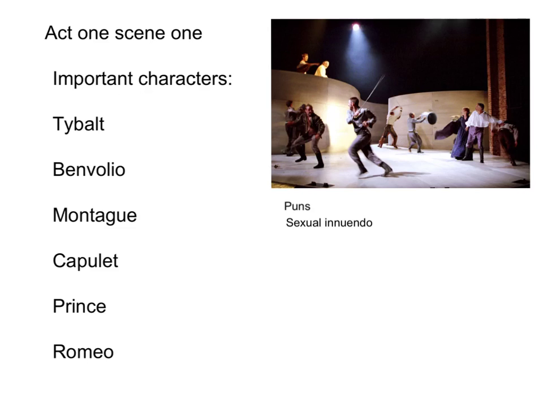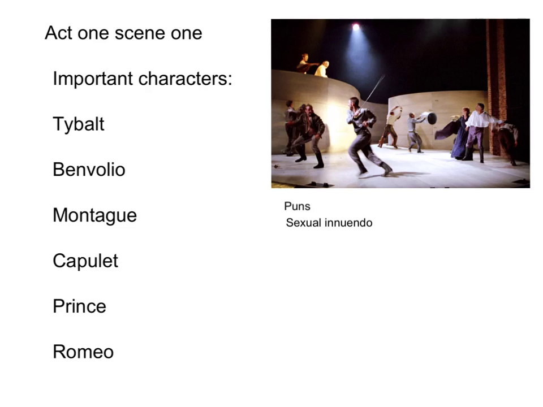So much so that Samson, around line 23 or thereabouts, says, "I will cut off their heads." And Gregory says, "The heads of the maids?" And Samson says, "Aye, the heads of the maids, or their maidenheads." So he'll either chop off the heads of the maids, quite literally, or their maidenheads, which means their virginity.